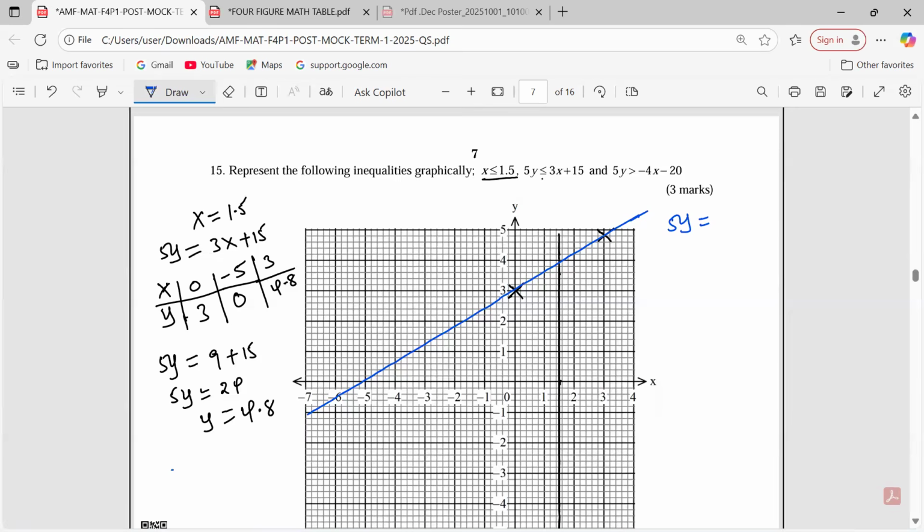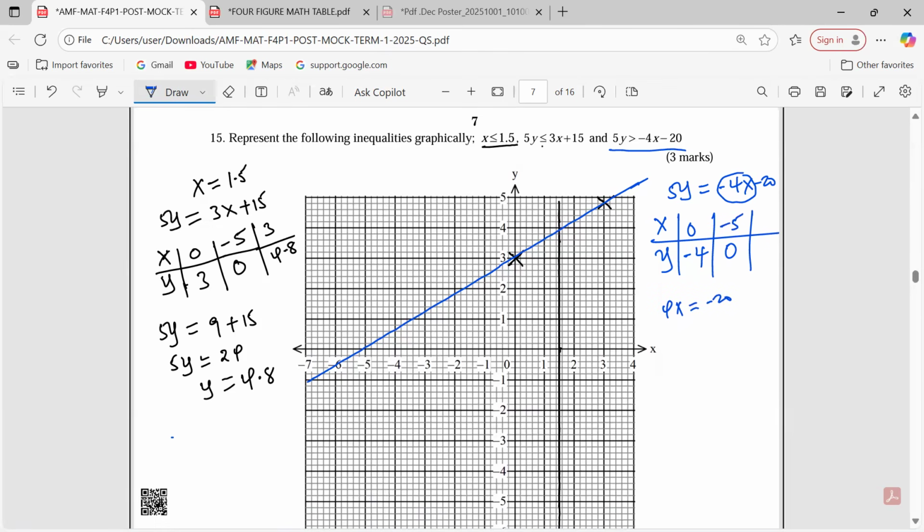5y equals, this one is going to be a dotted line, negative 4x minus 20. So a table of values: when x is 0, what shall be y? Everything here becomes 0, and the value of y shall be negative 4. Then what about when y is 0? What shall be the value of x? 4x being negative 20, so x is negative 5.